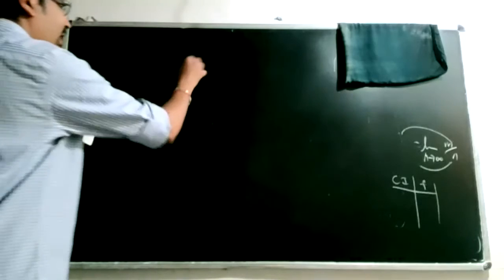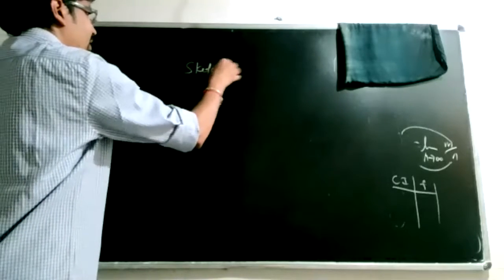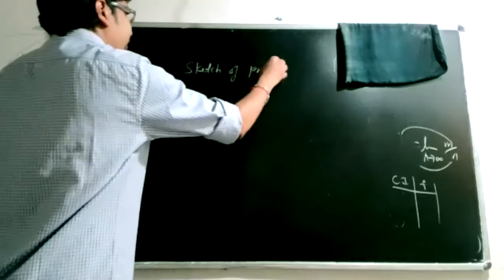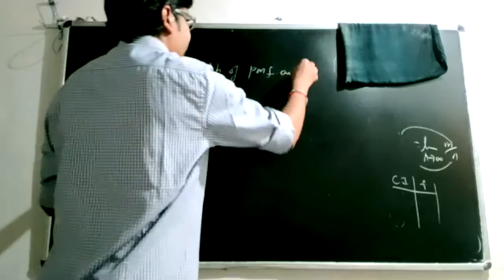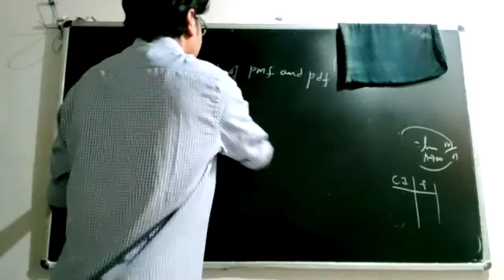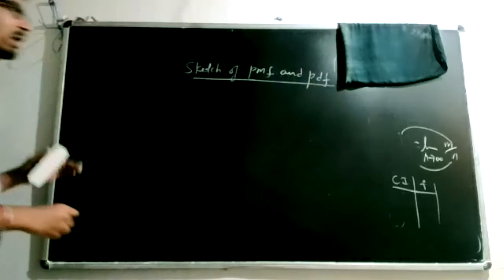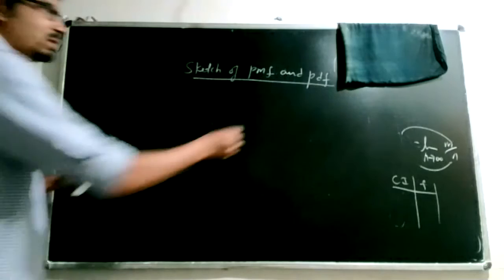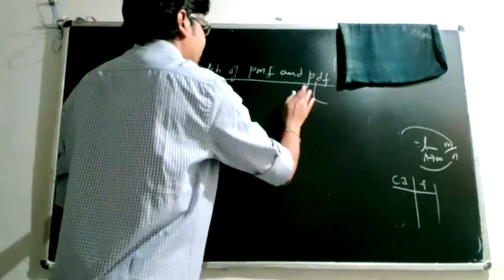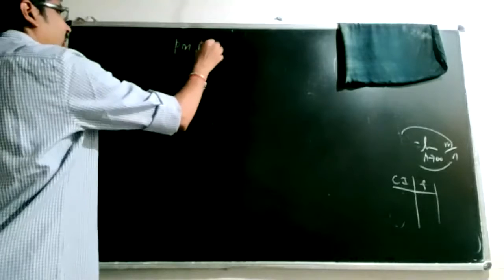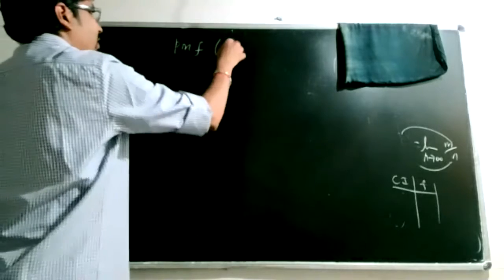Now we'll have the sketch also, the sketch of PMF and PDF. The continuous distribution functions are called PDF. Let me first define PMF and PDF correctly. PMF, probability mass function.